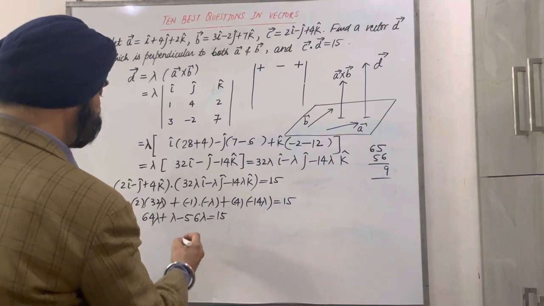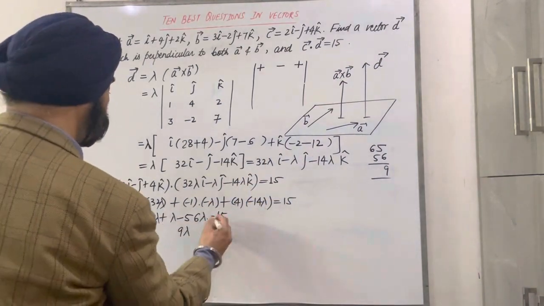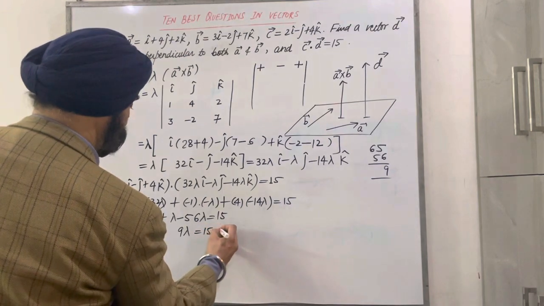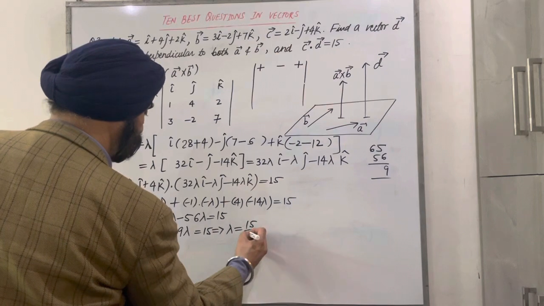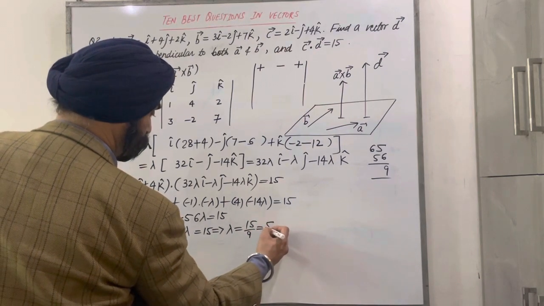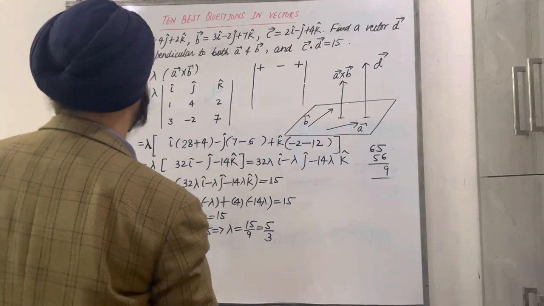So what we get here is 9 lambda, of course with a positive sign, you should remember, and this is equal to 15. So we simplify it further. Lambda is equal to 15 divided by 9. 3 5s are 15, 3 3s are 9. What we arrive at is lambda is equal to 5 by 3.